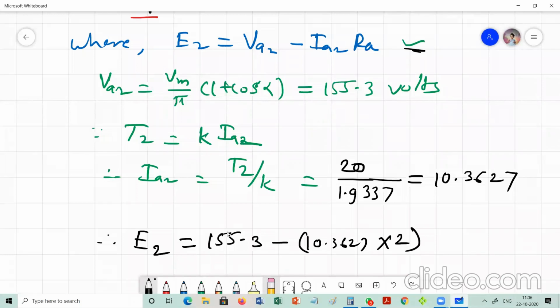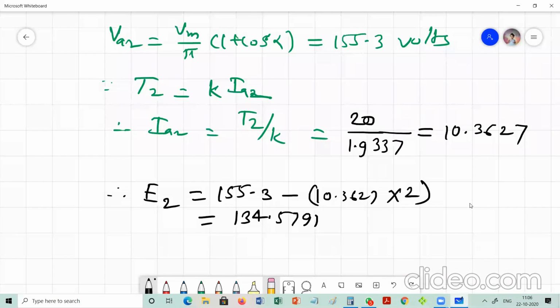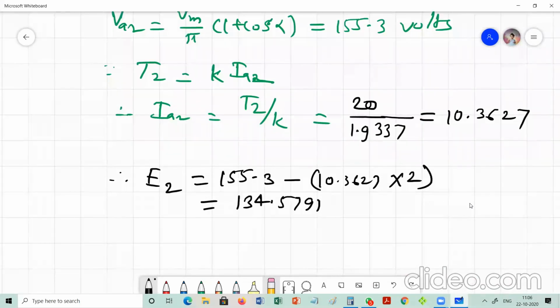When you solve it, you get the value equal to 134.5791 volts. Therefore now we can go for the calculation of speed.